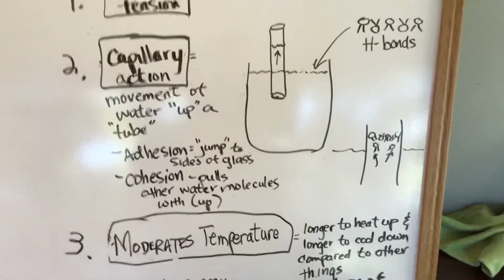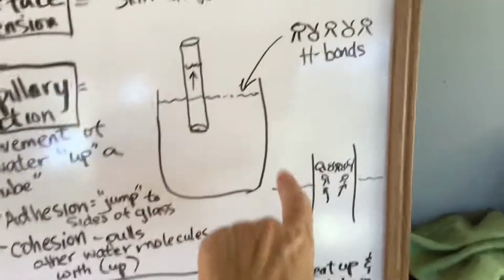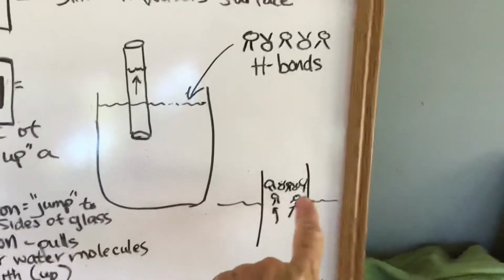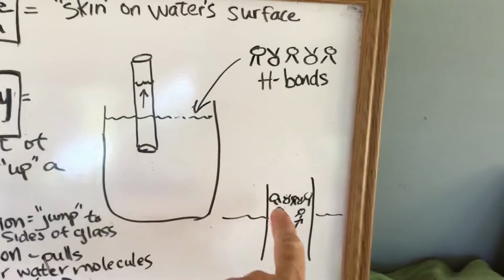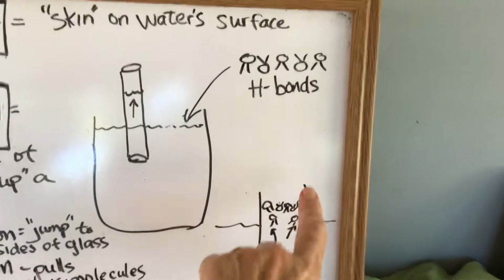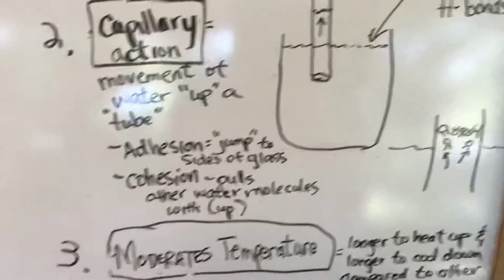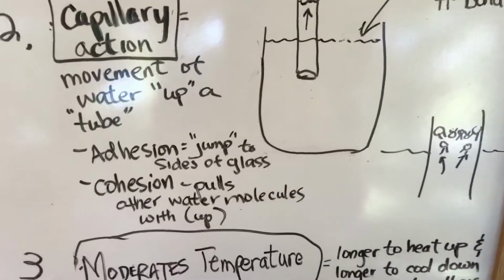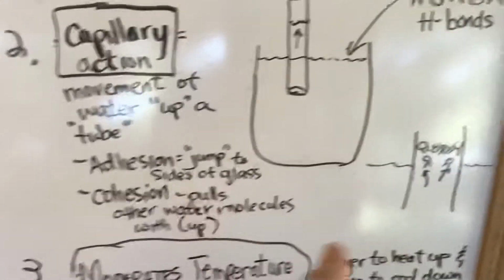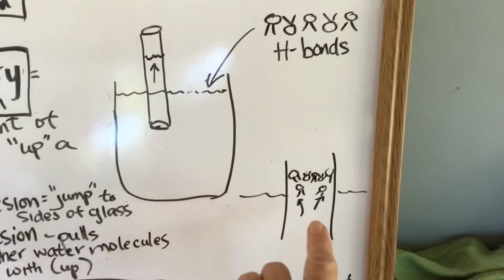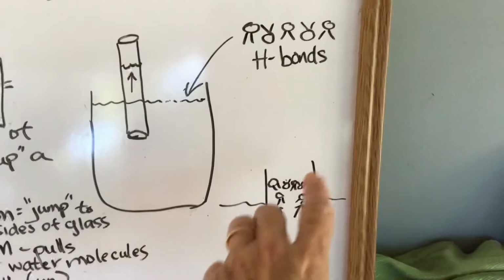So what's going to happen first is that water molecules on the surface of the water will be attracted to the sides of the tube. And when that happens, cohesion, which is the attraction of water molecules for each other, will cause the water molecules from down below to be pulled up with it.